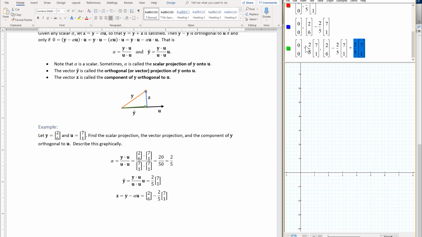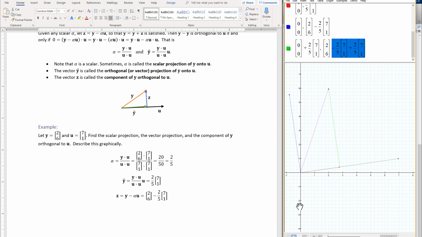But 0, 0 plus this is just going to be that, so I can essentially get rid of 0, 0 if I wanted to. And then these two things would equal 0, so it's just 2, 6. If we take a look at that, we'll see that that's that z vector. The blue vector and the green vector are essentially the same, except the green vector has been translated away from the origin. So basically in this drawing, we have the u vector, the y vector, the z vector, and the y hat vector, a vector that goes only this far.